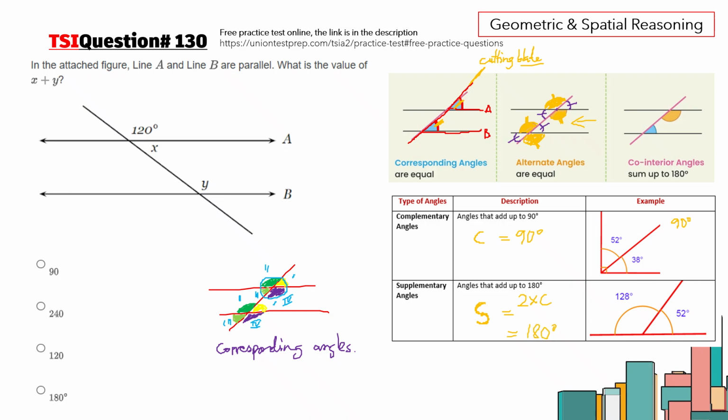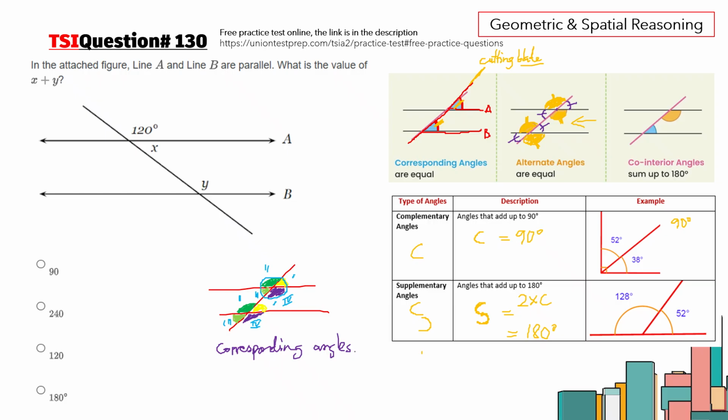That's how you remember it. It's combined of 2C. 1C is 90, 2C will be 180, and that's the S, which is supplementary angles.